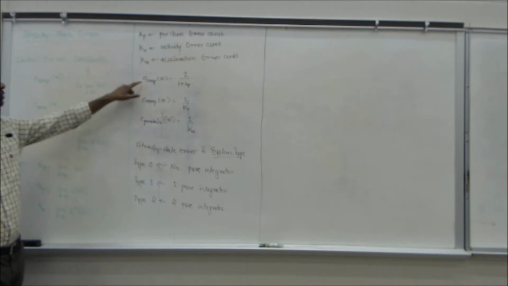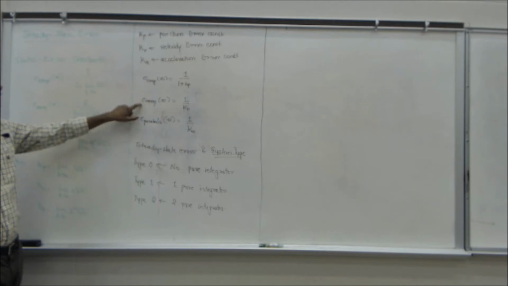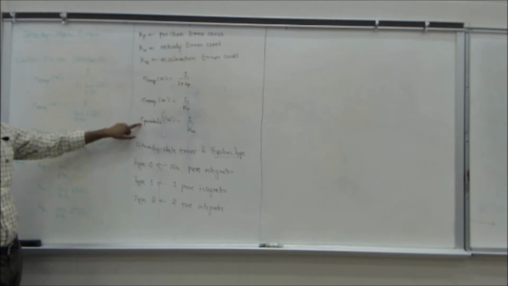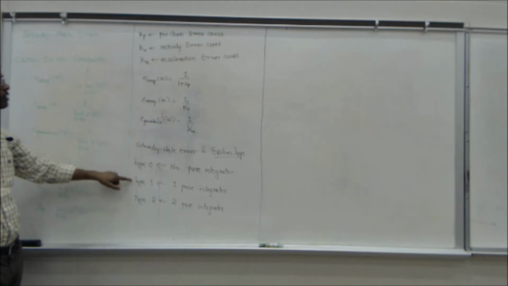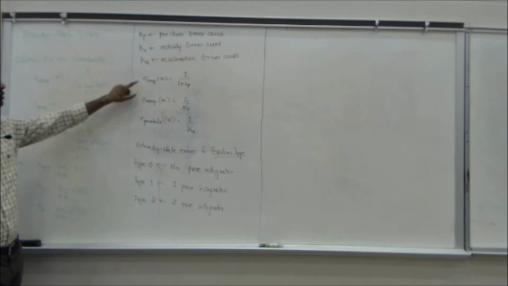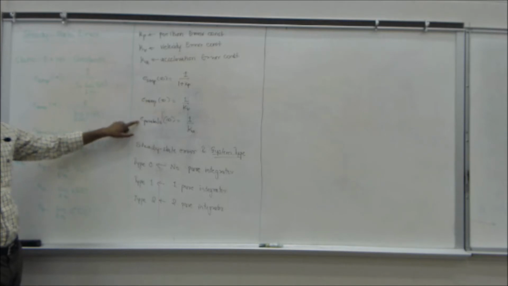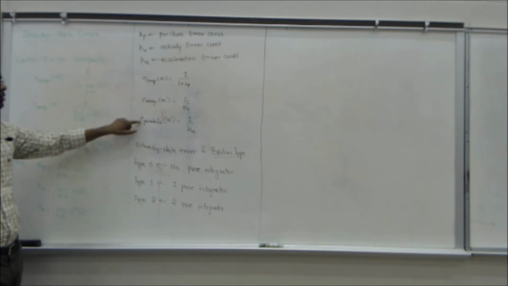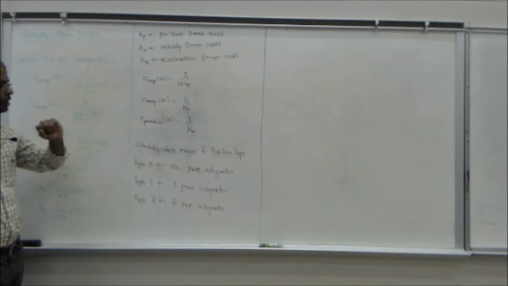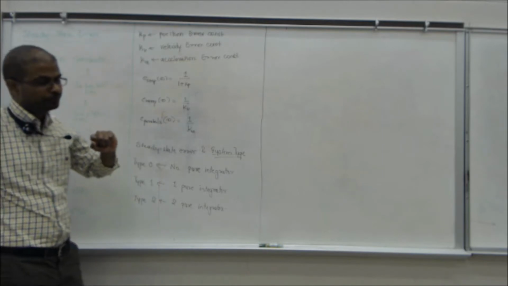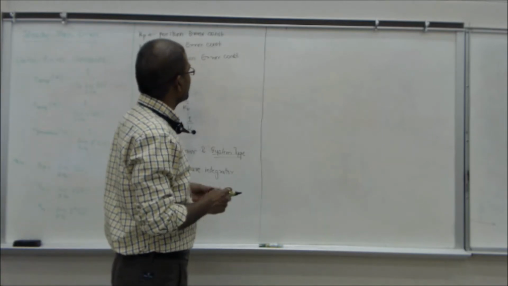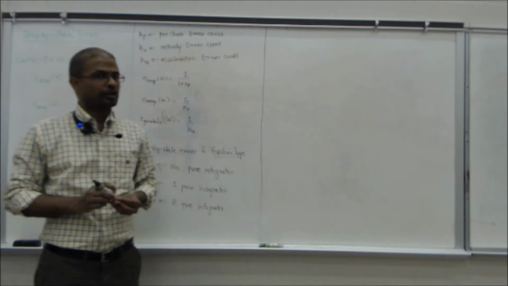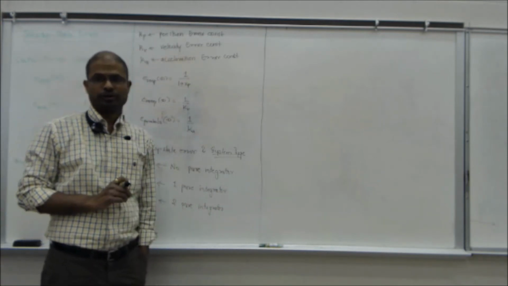For a type 0 system, Kp is finite, Kv is 0, and Ka is 0. For a type 1 system, Kp is infinity, Kv is finite, and Ka is 0. In a type 2 system, Kp and Kv are infinity, and Ka is finite. So with respect to the exam or an assignment, this is how you should approach it.